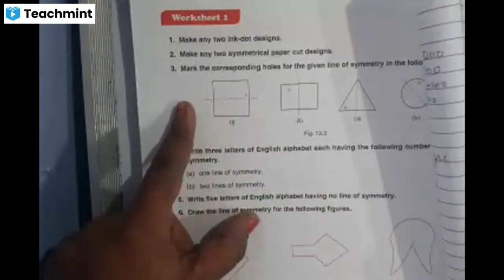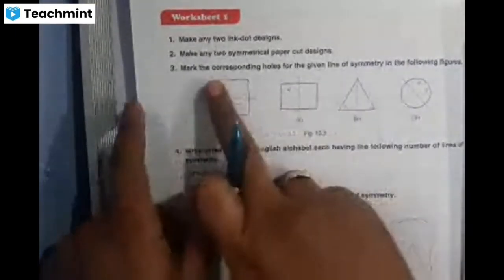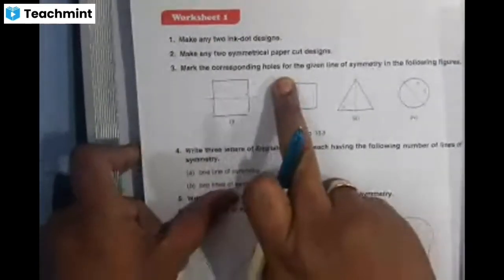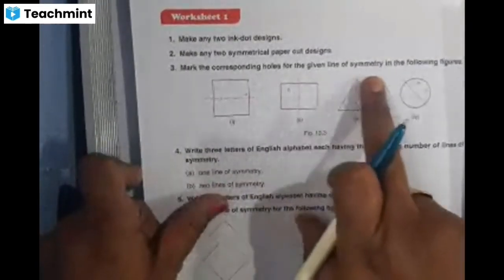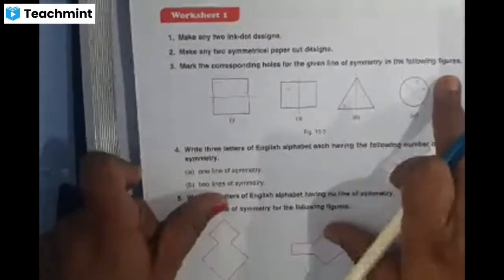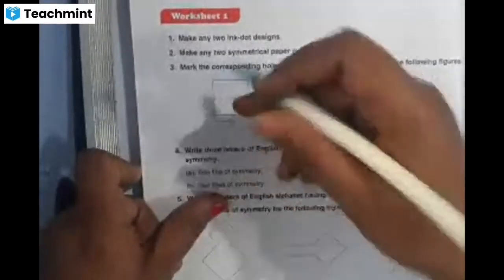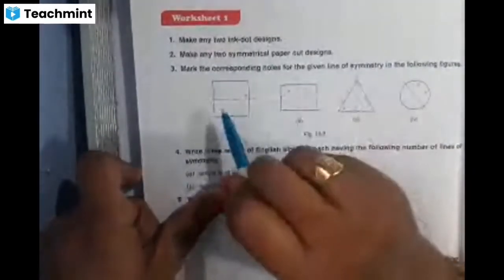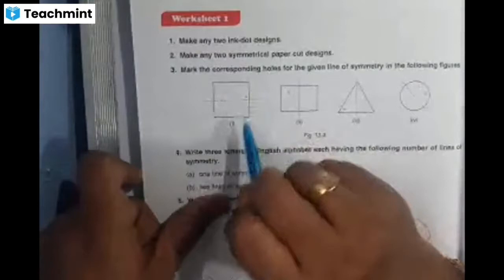Question number 3 can be solved by observing, children. Mark the corresponding holes for the given line of symmetry in the following figures. So here is a given figure, children, isn't it? And you have to mark the holes, corresponding holes.